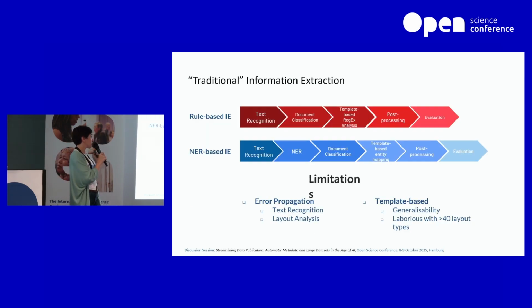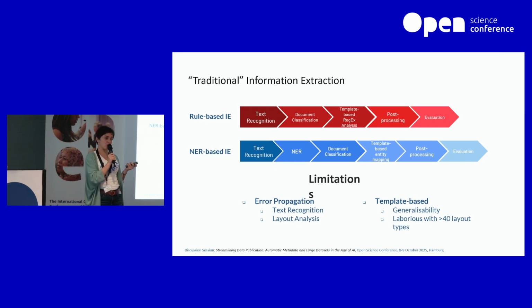So the traditional information extraction would look something like the first diagram or the second one, where you have an OCR engine at the beginning to extract the text from these images, and then go through different stages all the way into the final evaluation and post-processing. However, there were some limitations, as many of you working in libraries might know.